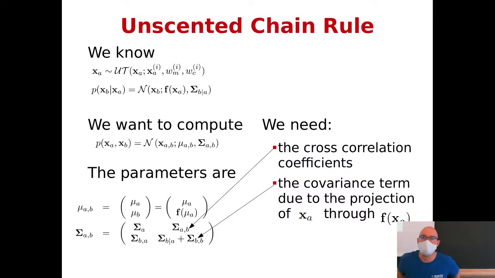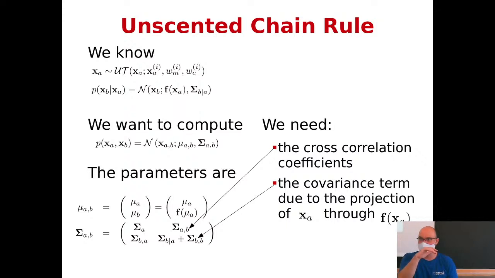Once I do this operation, I start with a set of sigma points in XA, and they are a number which depends on the dimension of XA. When I apply the chain rule, I take these sigma points and project them and I obtain augmented sigma points, which have a higher dimension, and therefore they represent a distribution in a higher dimensional space.